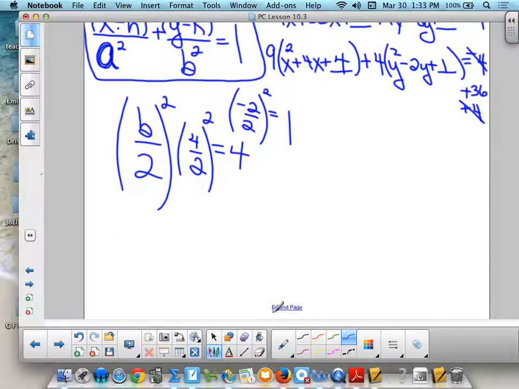So now you get 9 times x plus 2 squared. You guys understand where I'm getting that from? I'm factoring this trinomial. X plus 2 times x plus 2 is this up here. 2 times 2 is 4, and 2 plus 2 is 4.